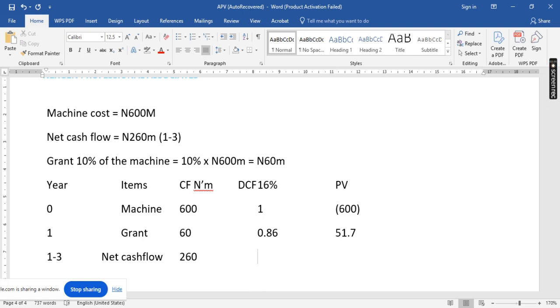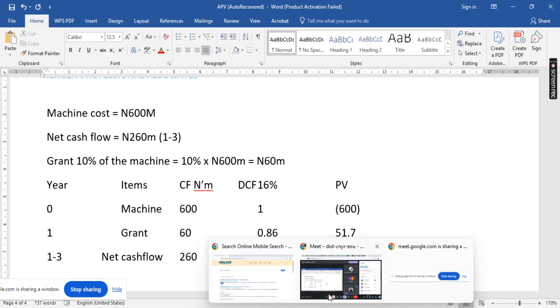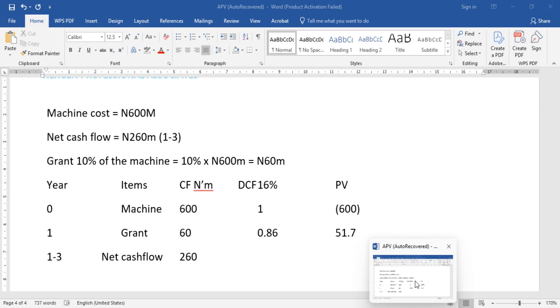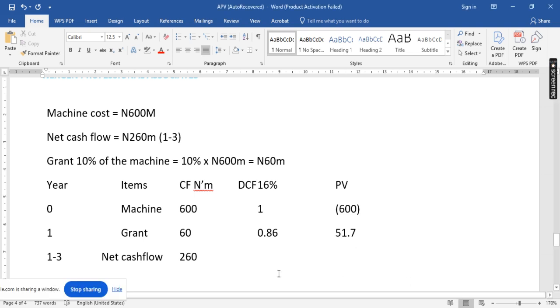If you don't know how to use the annuity formula, please let me know so that I can go back and give you the annuity formula in this class. So please use the annuity formula from year 1 to 3. What do you have? 2.25. Did you approximate? Yes, 2 decimal places. I just need 2 decimal places.